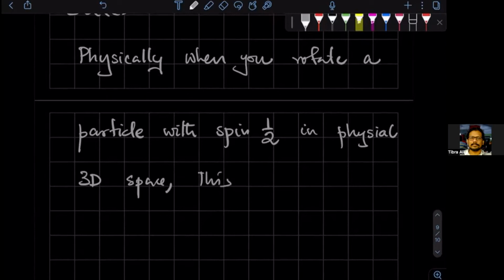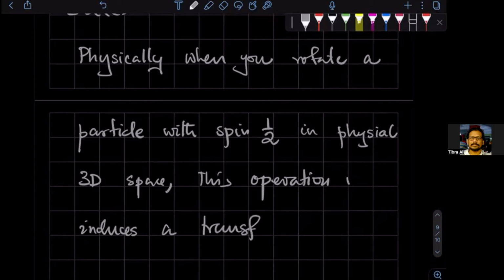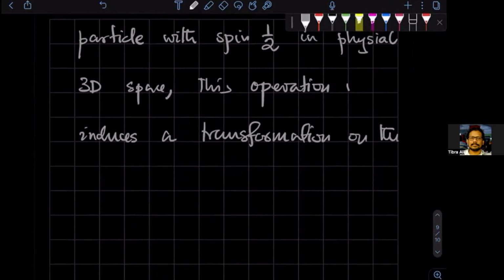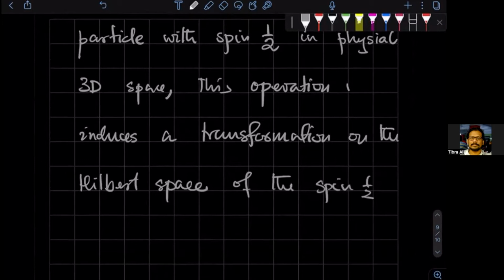this operation induces a transformation on the Hilbert space of the spin half particle.